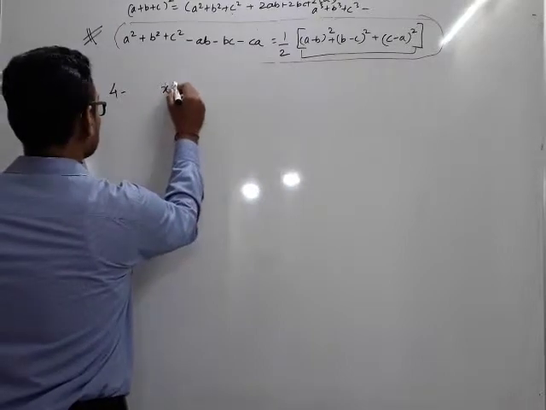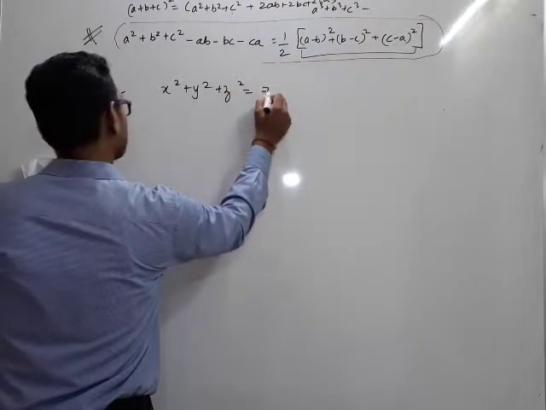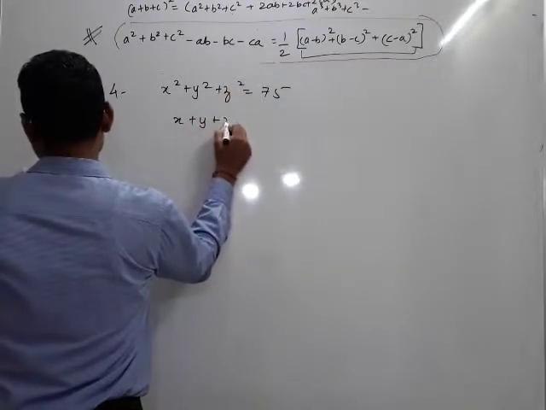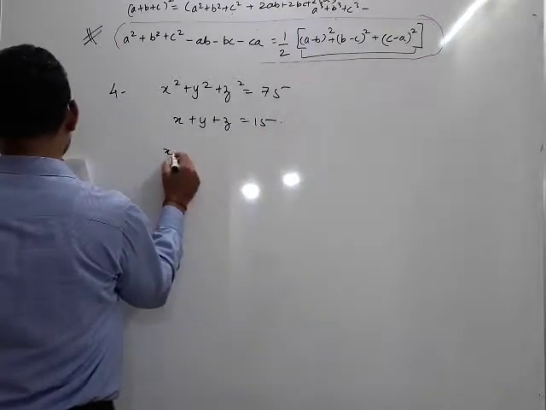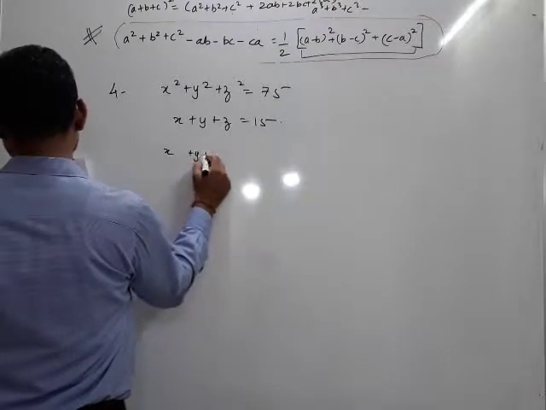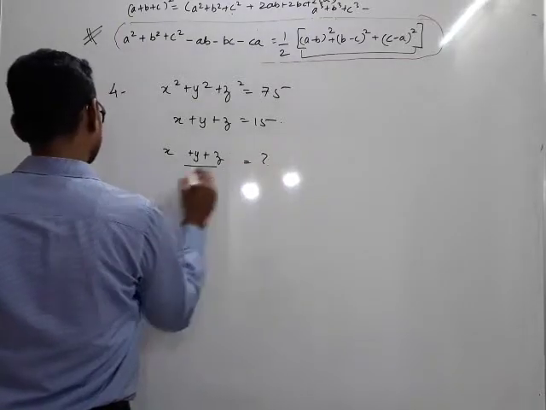Here we are given x square plus y square plus z square is 75, and also we are given x plus y plus z as 15, and they have asked x plus y plus z upon z is what?